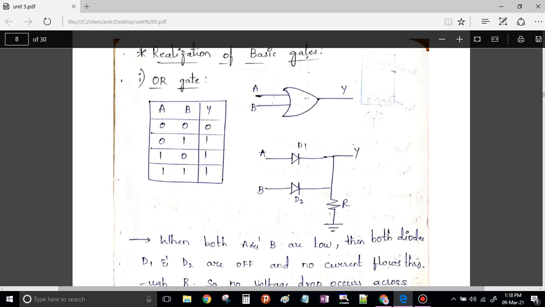It is in reverse bias, so it acts as an open circuit. This also acts as an open circuit. Therefore no current flows through your device and the output will be 0.